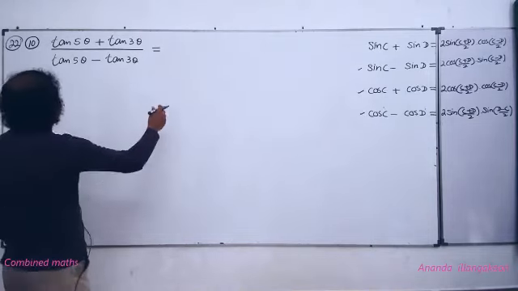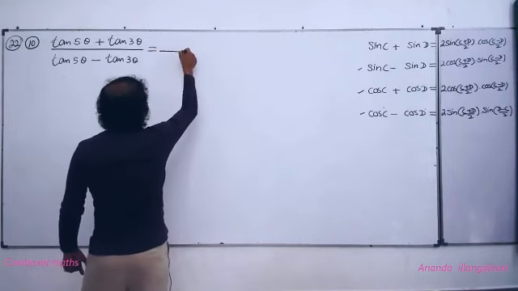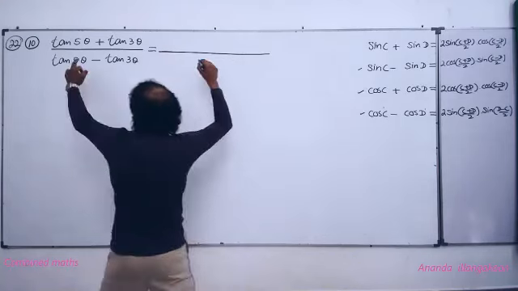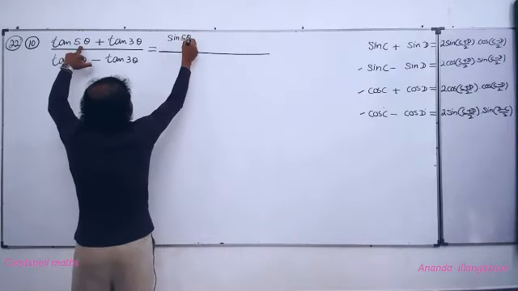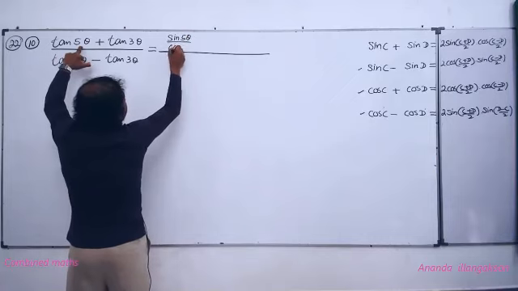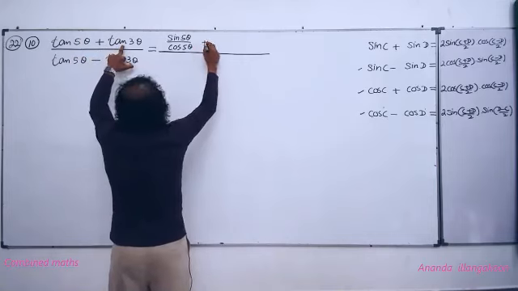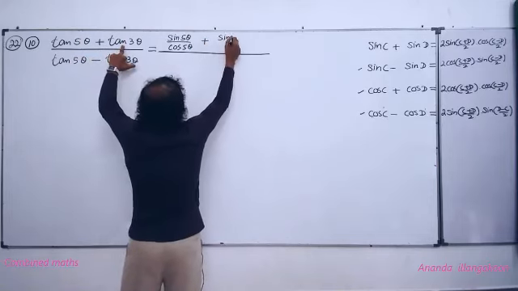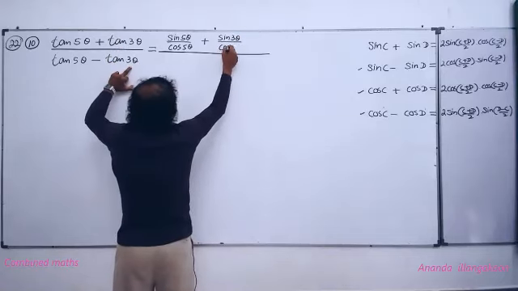Right? Tan 5 theta, how to write, people? Tan means sine by cos, no? Then this tan 5 theta I write as sine 5 theta divided by cos 5 theta, plus tan 3 theta, sine 3 theta divided by cos 3 theta.